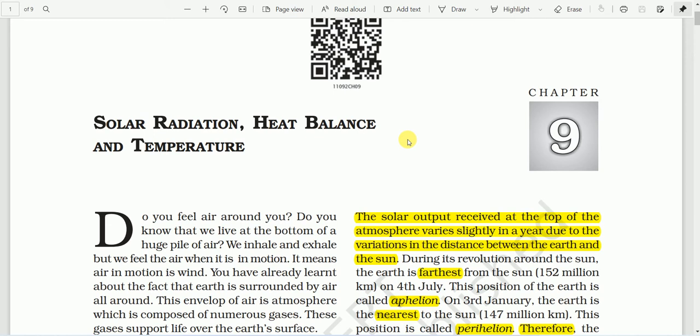So, this is a new chapter of our NCERT textbook, Fundamentals of Physical Geography, Chapter 9, Solar radiation, heat balance, and temperature.